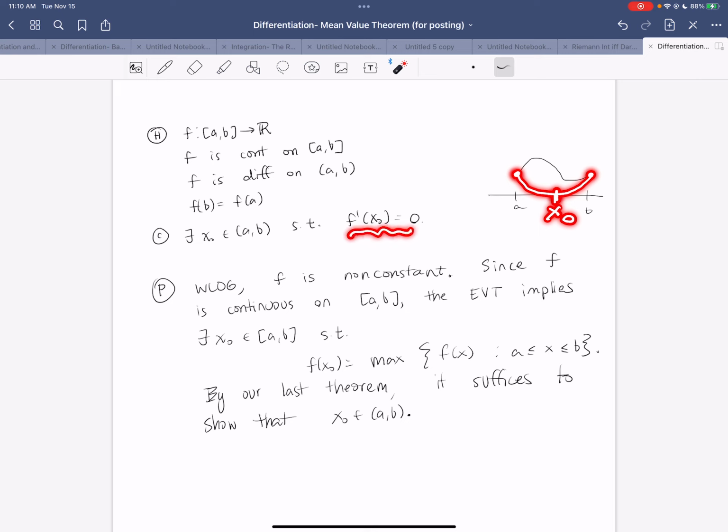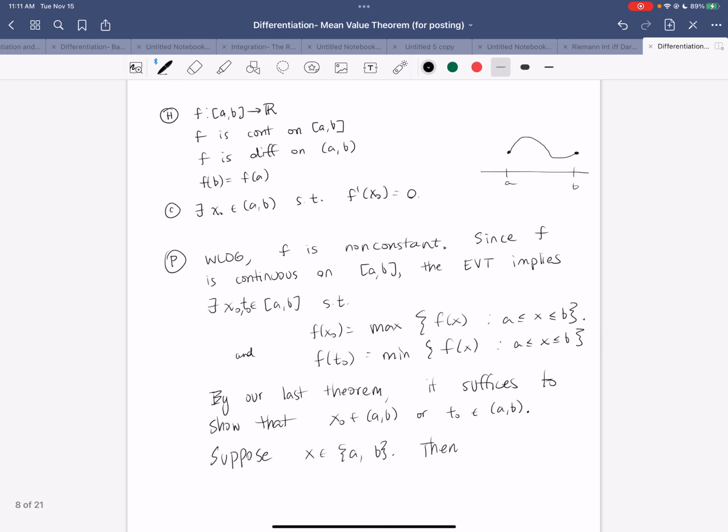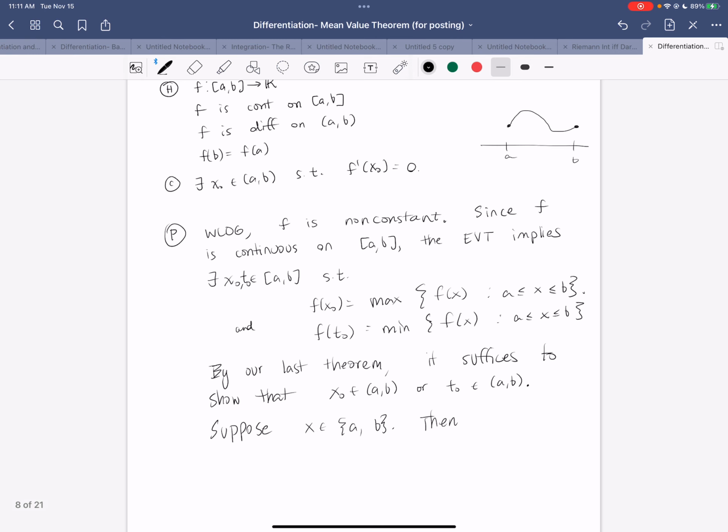Okay, so then we'll say suppose x naught is either a or b, right? If x naught is a or b, then f of a equals f of b is equal to the max of f of x, where x is in our domain here, right?